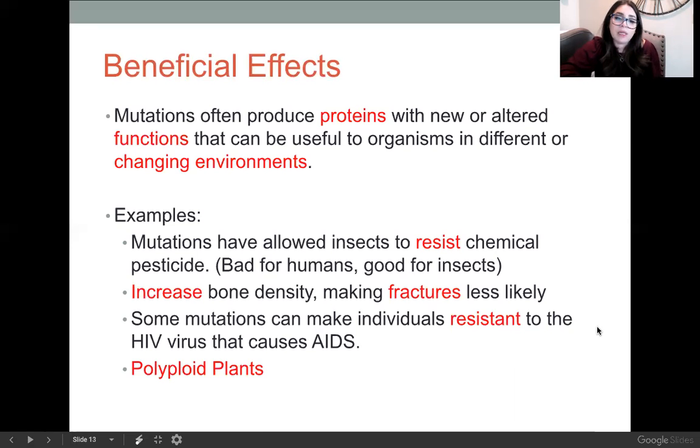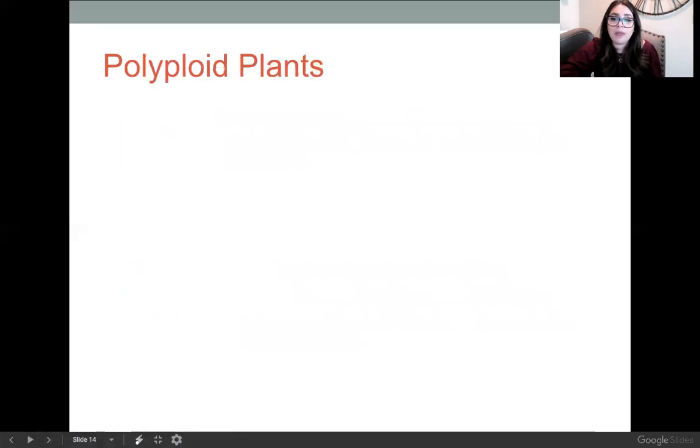And then last but not least, polyploid plants, because mutations can happen in both animals and plants. We have to think about us as consumers. If you've ever gone grocery shopping with mom, we love to get the most bang for our buck. If you go into a grocery store to the produce section where there are limes and tomatoes, people are picking through the veggies, trying to get the prettiest ones, the biggest ones.